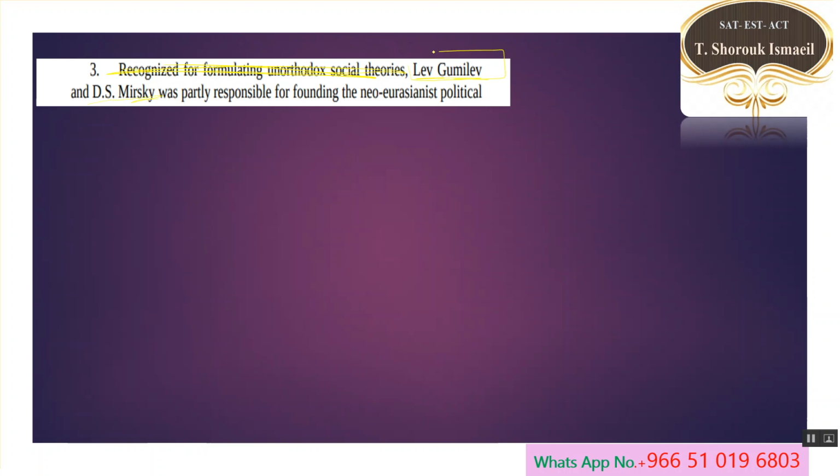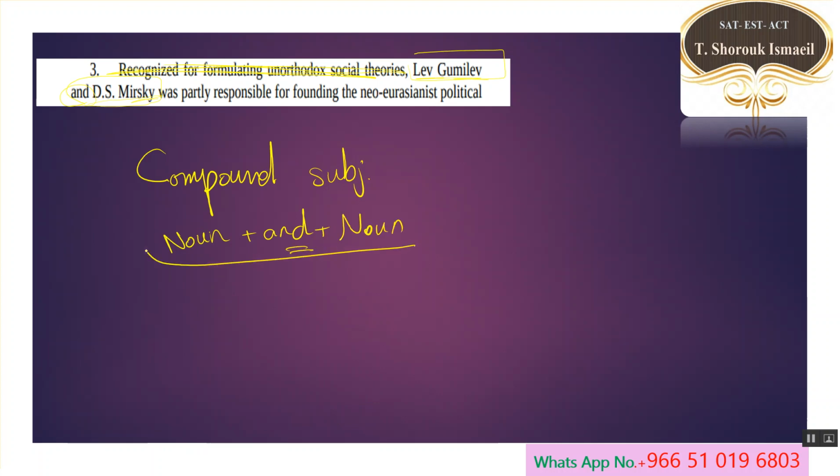Let's have a look at the subject. Lev Gumilev and Asmersky, and I have "and". So actually I have a compound subject. How could I identify it? I found a noun and a noun, a proper noun and a proper noun. Actually, this is a compound subject.